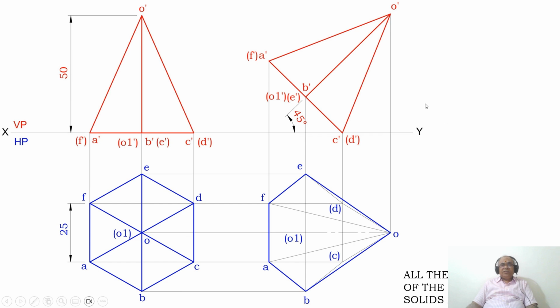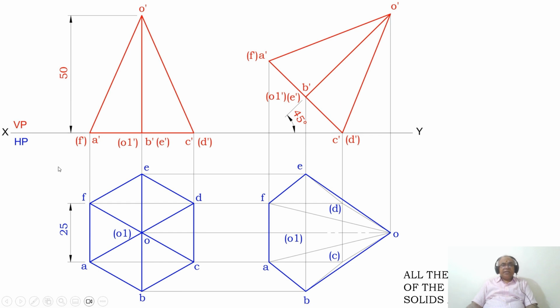Then with B dash as center, measure an angle of 90 degrees with respect to this A dash C dash line and draw a perpendicular. Then again you measure the distance from O dash to O1 dash. From O1 dash you cut an arc on this perpendicular line, and you mark that point as O dash.